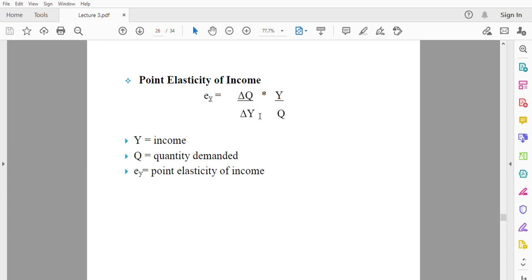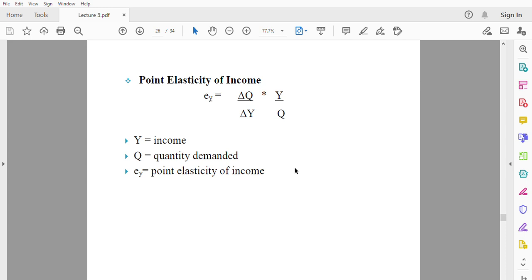Now, income elasticity of demand, Y represents income. So it's change in Q, that's change in quantity demanded, divided by change in income, times income, that is the initial income, divided by the initial quantity demanded. So this is a point elasticity of income.